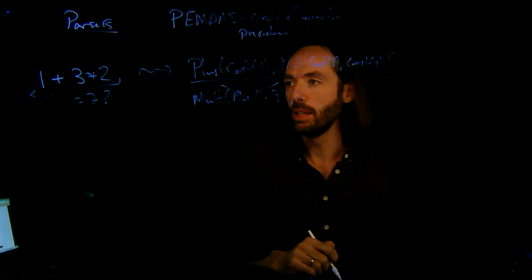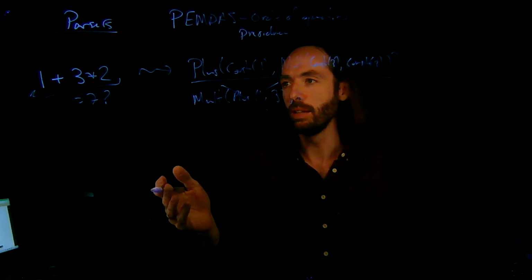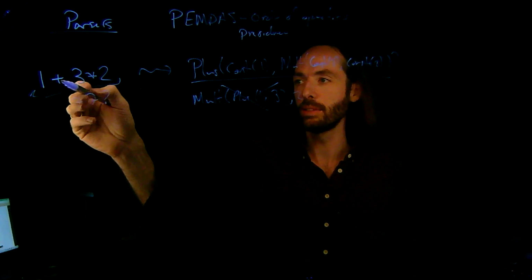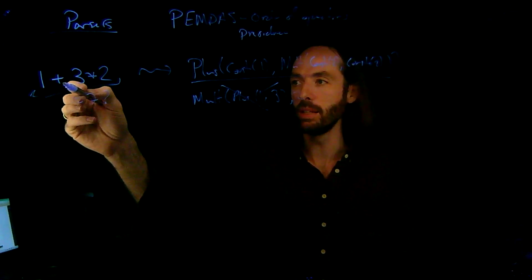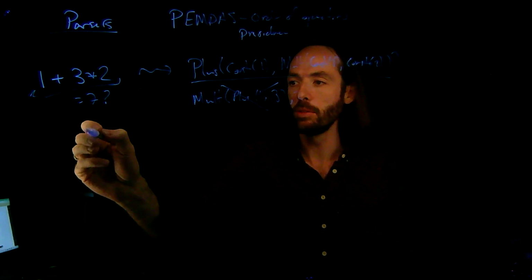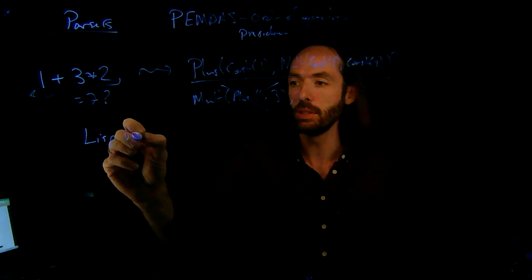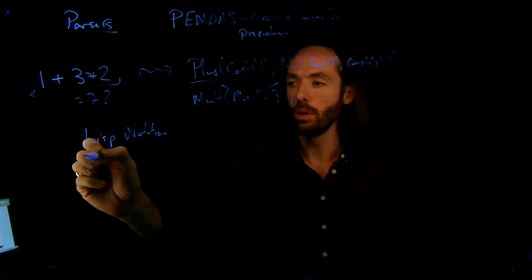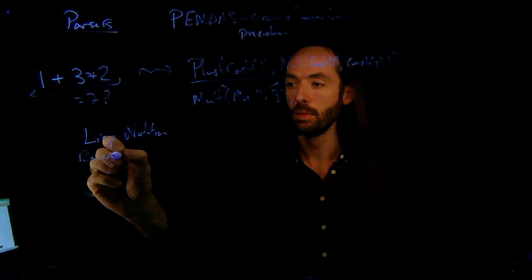And it turns out this ambiguity happens mostly because of this infix notation, the idea that between the two things we're adding, we put the plus. There's another form of notation called Lisp notation, or reverse Polish notation.